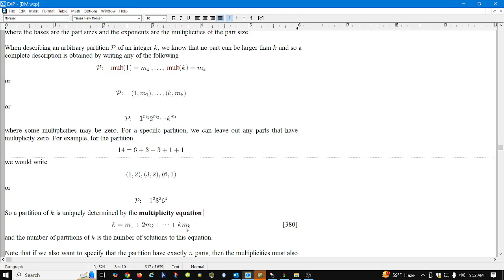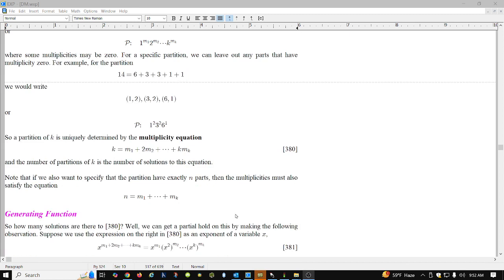I'm going to call this the multiplicity equation for this partition of k, although I don't think that's a standard term, so you might not hear it anywhere else. But it seems reasonable. So the number of partitions of k is the number of solutions to this equation, which gives us the multiplicities for that particular partition.